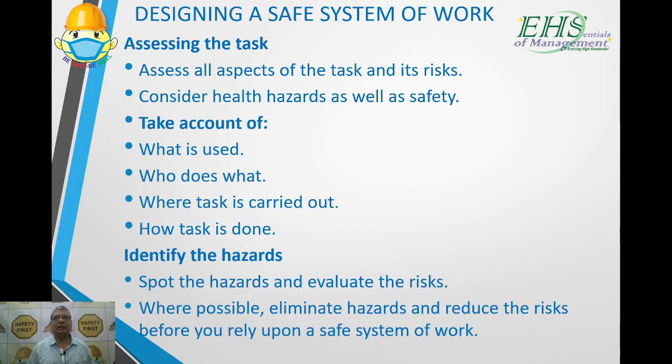If elimination is not possible, then you carry on the hierarchy of control further. You minimize the risk either by substitution, engineering control, administrative control, and additionally PPE. So before you rely on safe system of work, you have to carry out all these things.